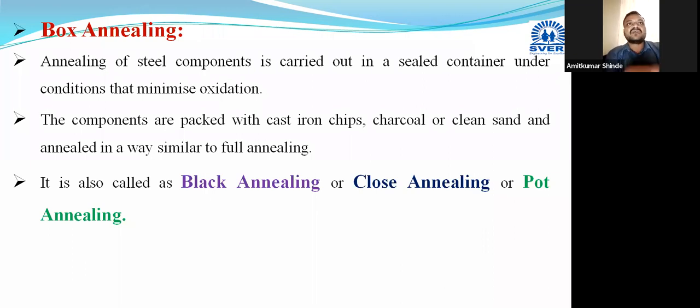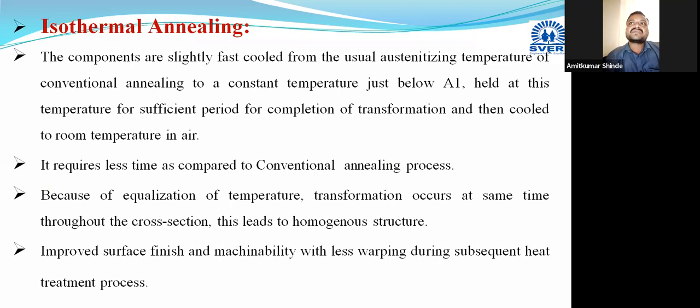All the process is carried out in the same way; initially we just cover the component with different mediums. Hence, this annealing is termed box annealing, also known as black annealing, close annealing, or pot annealing.